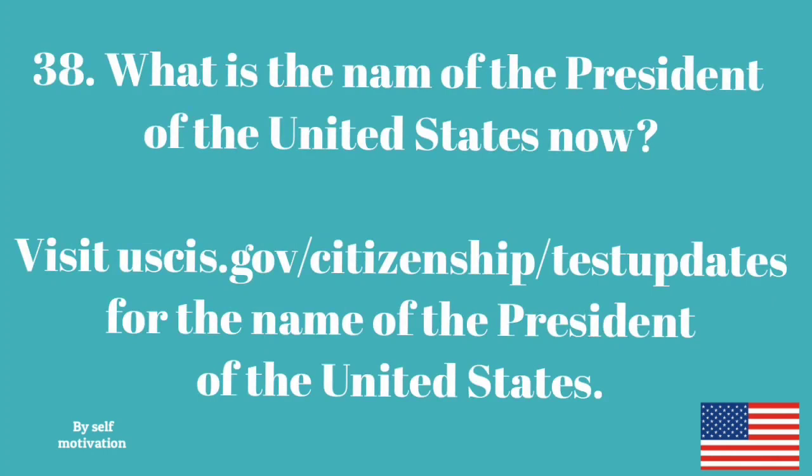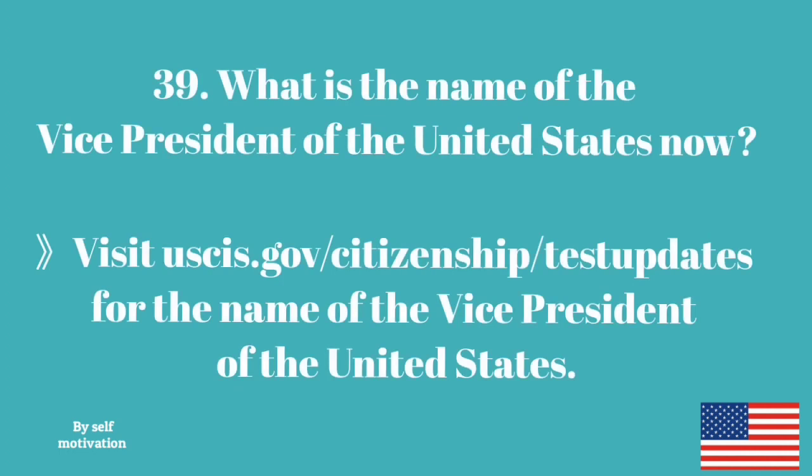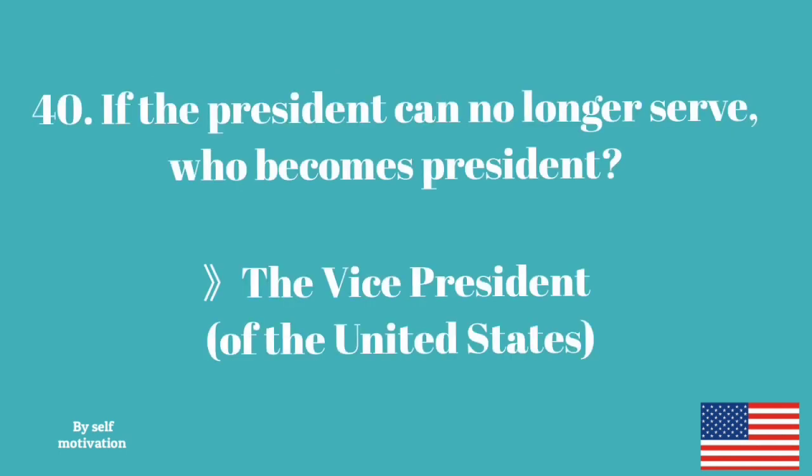What is the name of the President of the United States now? What is the name of the Vice President of the United States now? If the President can no longer serve, who becomes President?